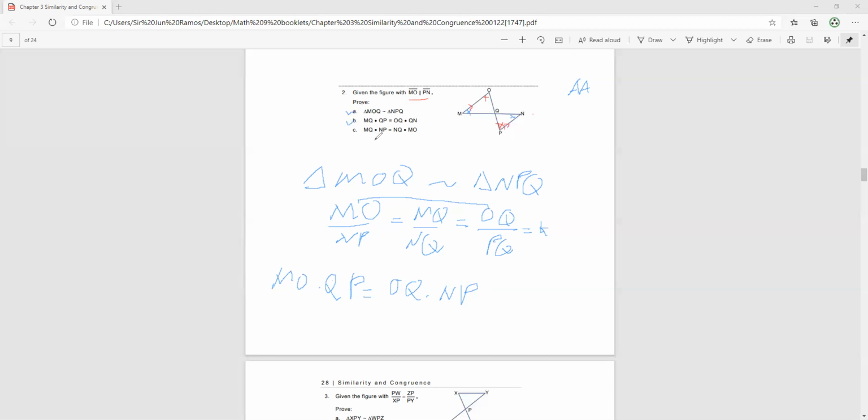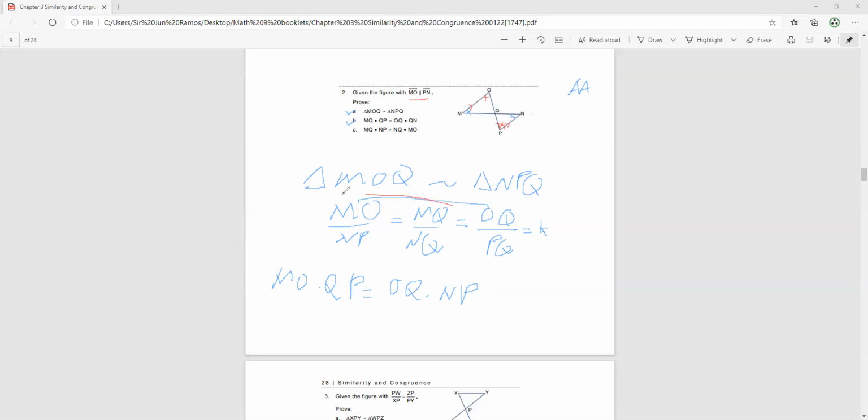Now what about the third one? MQ and NP multiplied, and then MO and NQ.